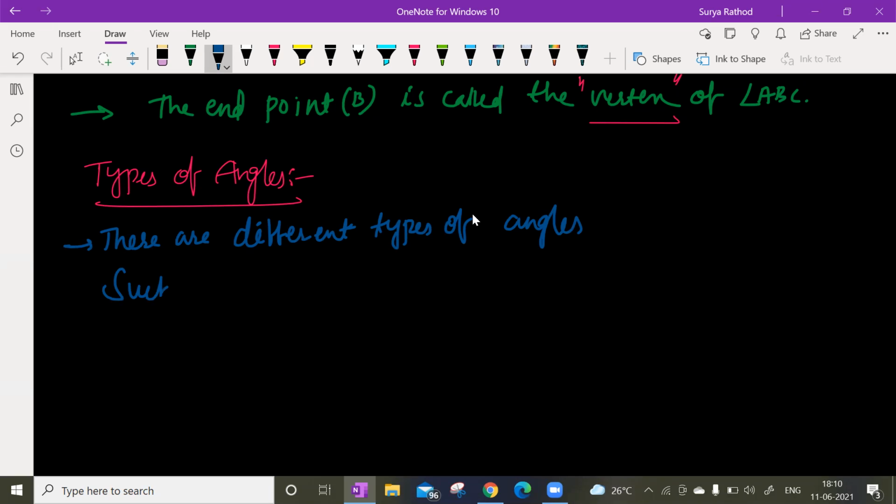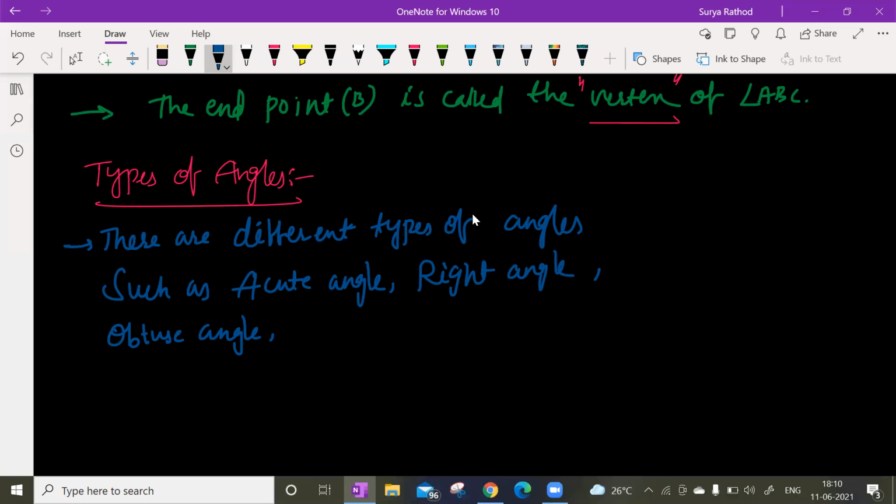What are they? First, acute angle, right angle, obtuse angle, straight angle, reflex angle, complete angle.